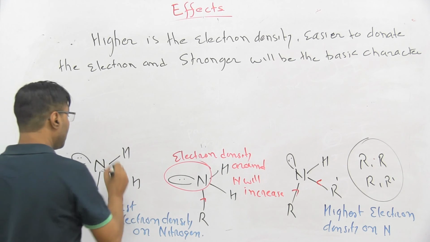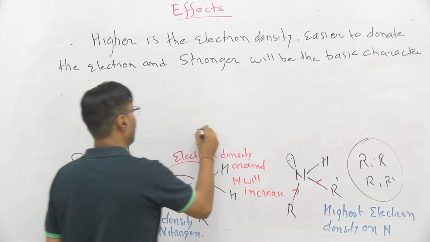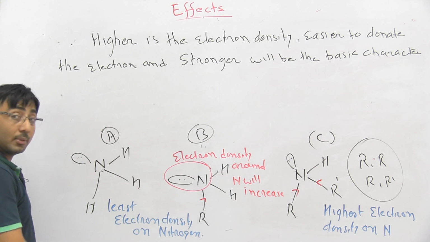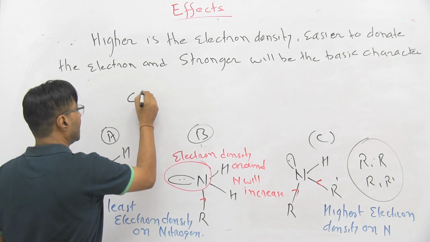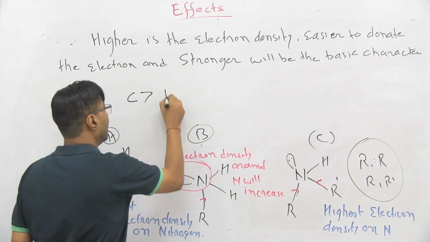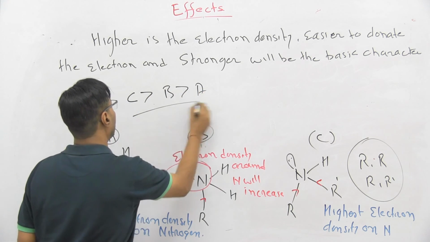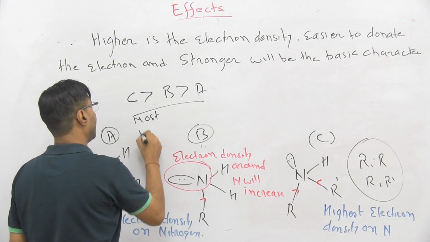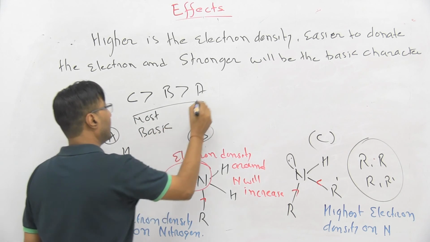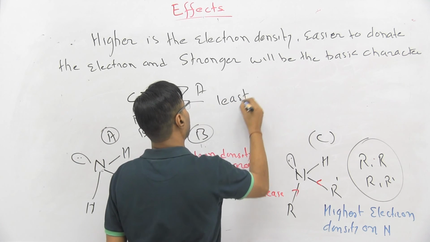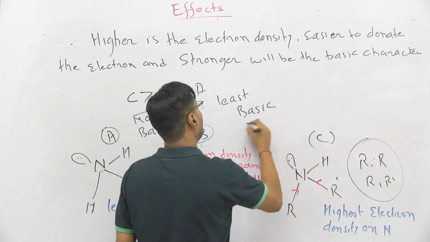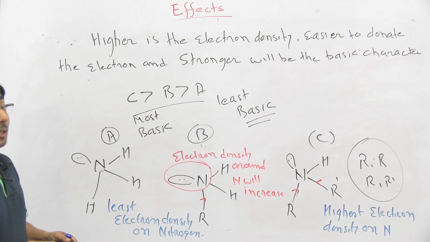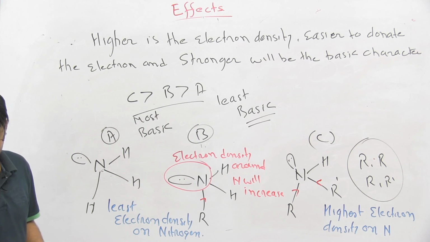So if we write A, B and C, C will have the strongest basic character, then B, then A. So C is most basic, and A is least basic. This we have to learn in the amines chapter, amines and amine derivatives.